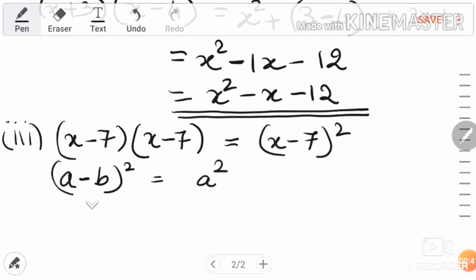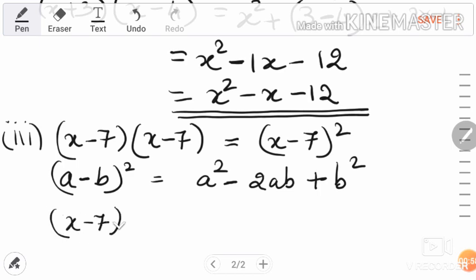Here we can use the identity (a - b)² = a² - 2ab + b². So (x - 7)² will be equal to, identifying the term a will be x and the term b is 7.